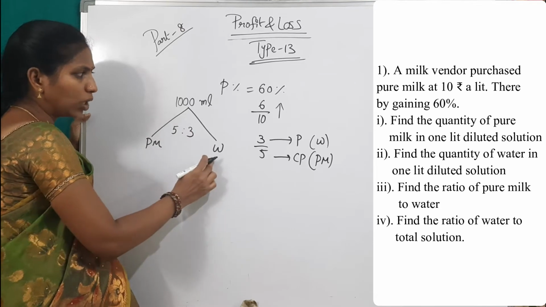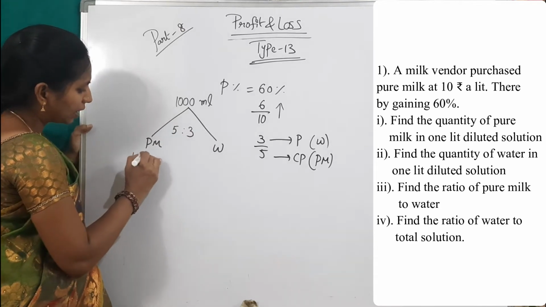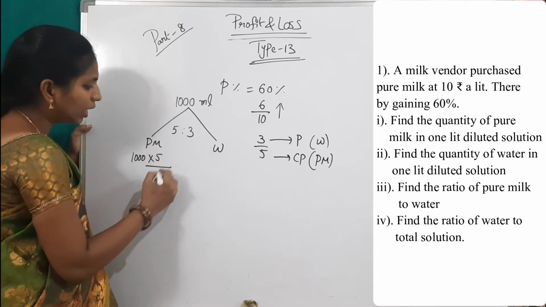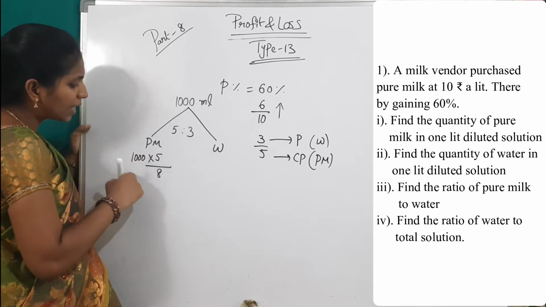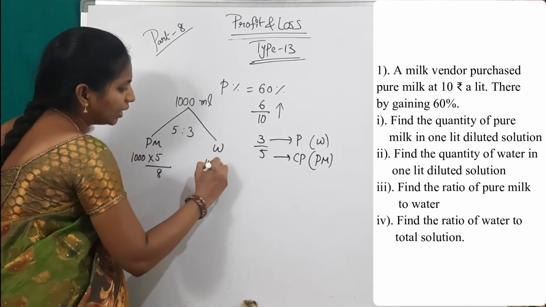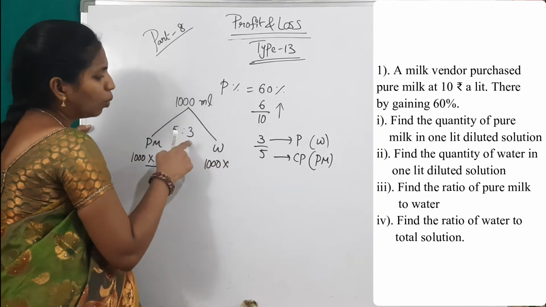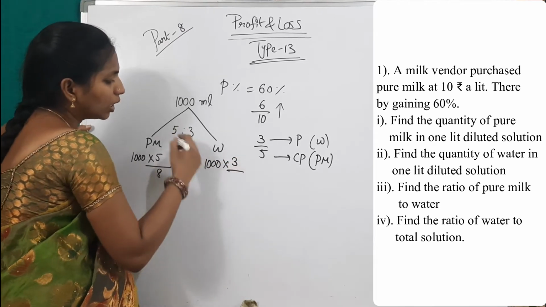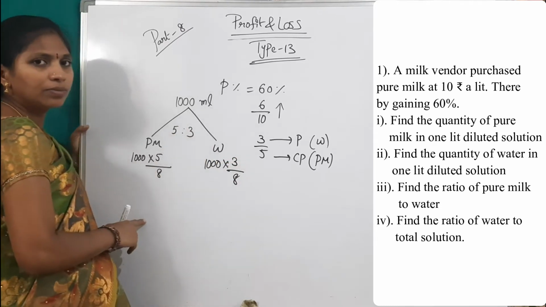Pure milk and water. Here pure milk is 1000 into 5 by total. Total is 8. And water is 1000 into 3 parts from the total 8 parts.